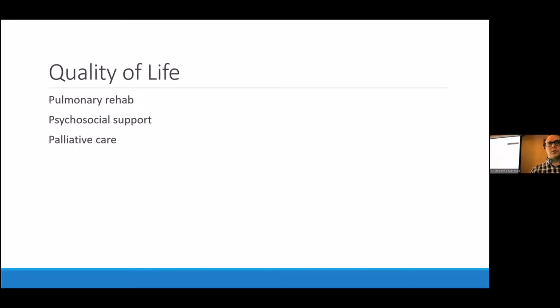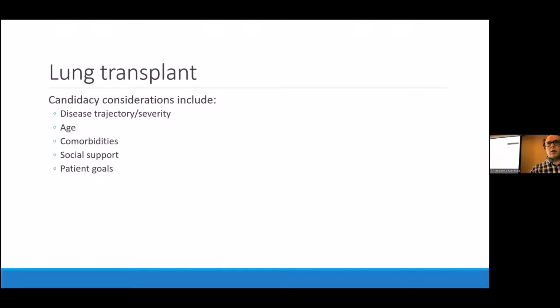They have better tools, they're better equipped in terms of the allied health resources that they can bring into that clinic space and those outpatient visits. Hopefully though, if there is progression, we get to that point when there's still a window of opportunity to consider something like a lung transplant.